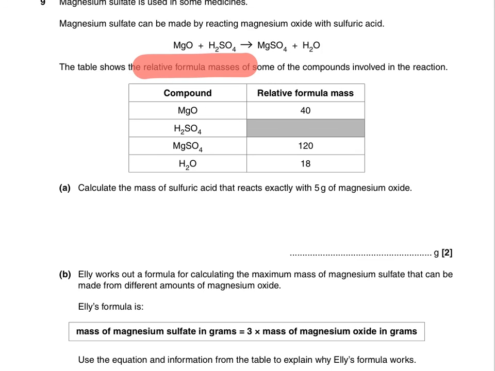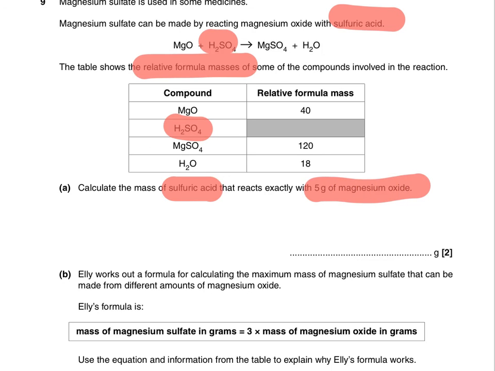Magnesium oxide is this one, so it's 40, the relative formula mass.